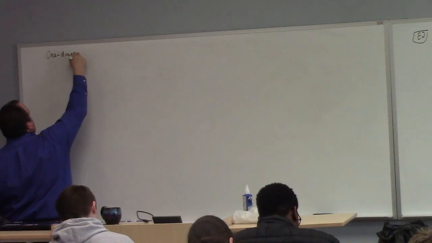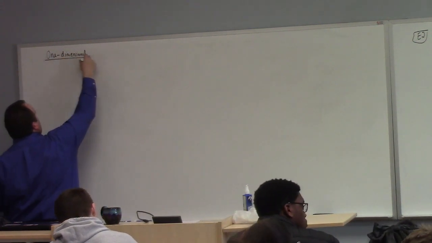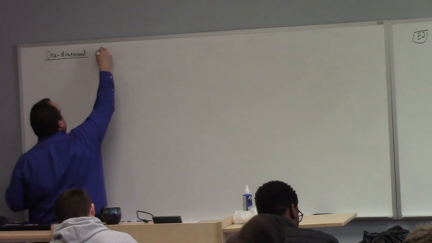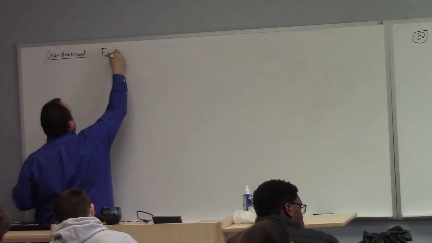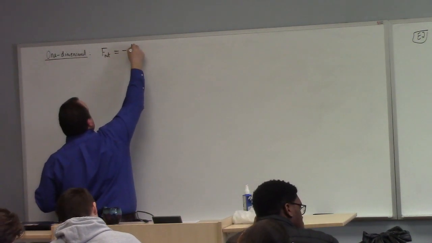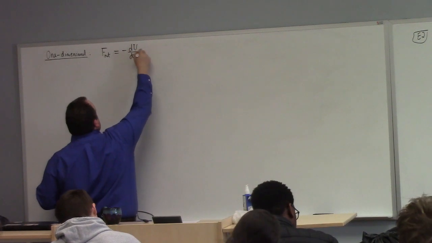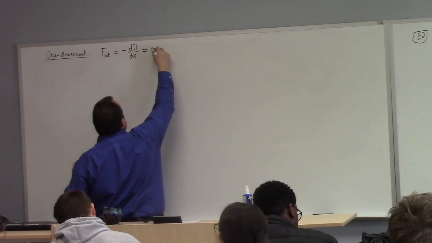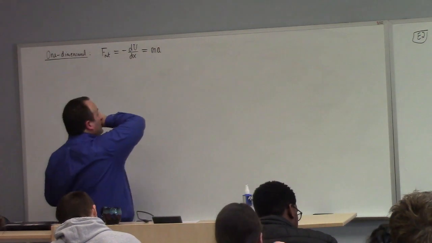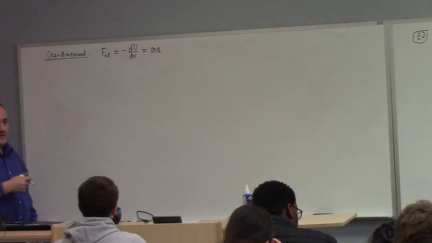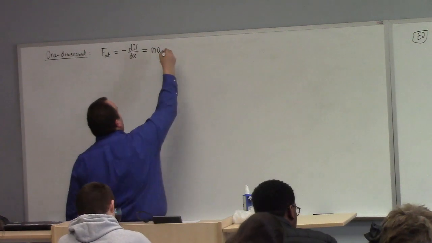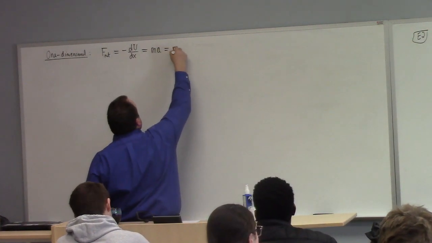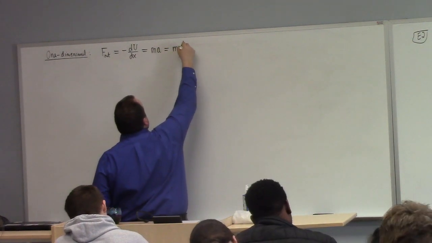So in one dimension, the net force, if it's conservative, is minus dU/dx, right? But that's also equal to the mass times the acceleration, all right? So that's the mass times dv/dt.